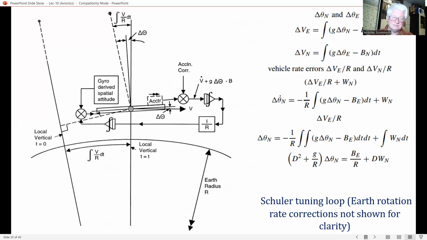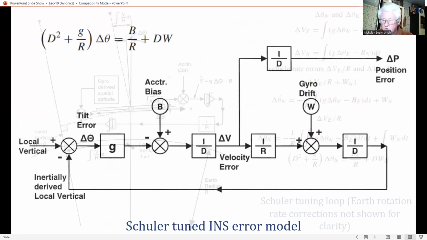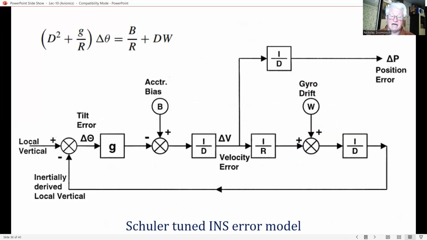Now, it is convenient to drop the suffixes N and E in the above equation so that the solution can be applied to either axis. The solution is in this form: D squared plus G over R, in parentheses, times delta theta equals B over R plus G W hat.